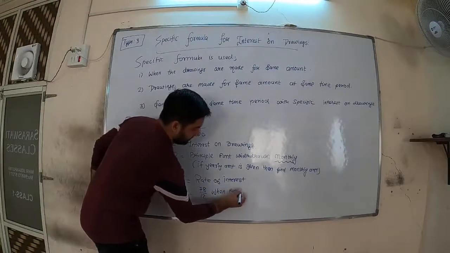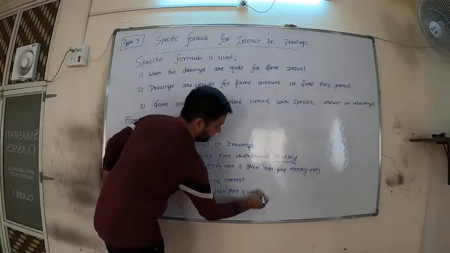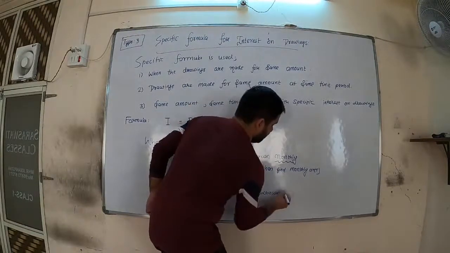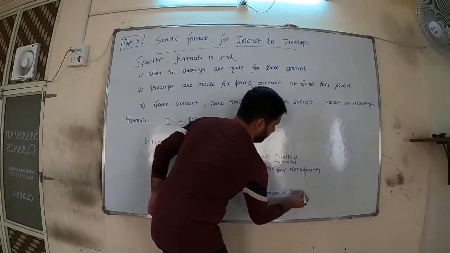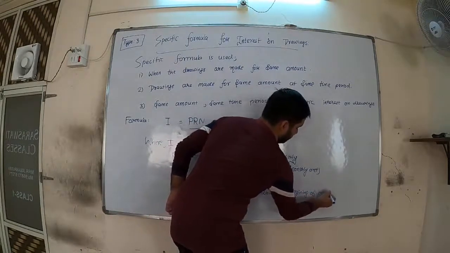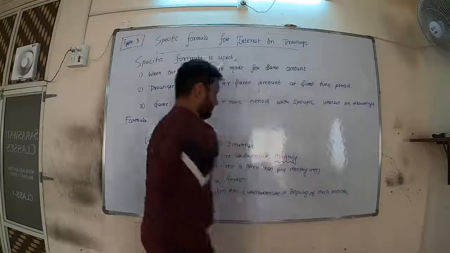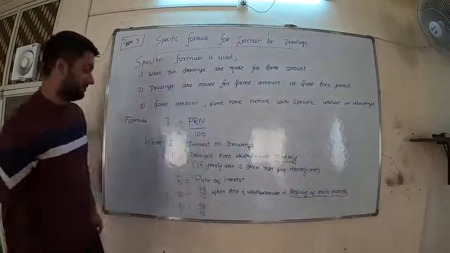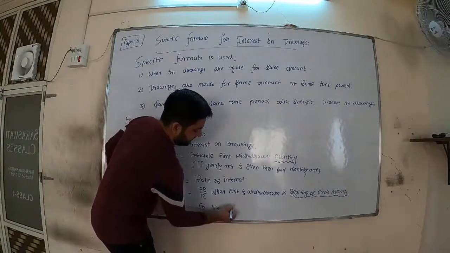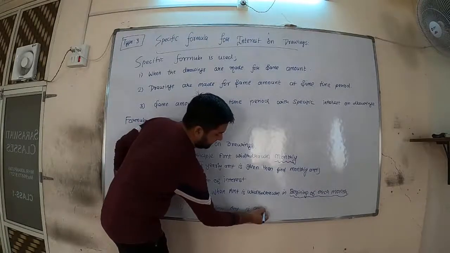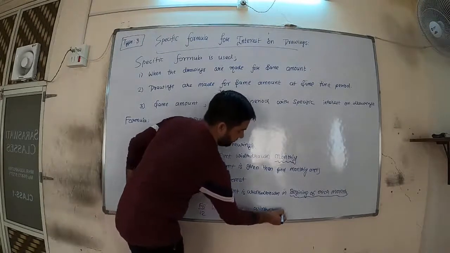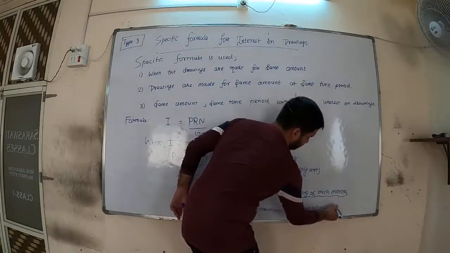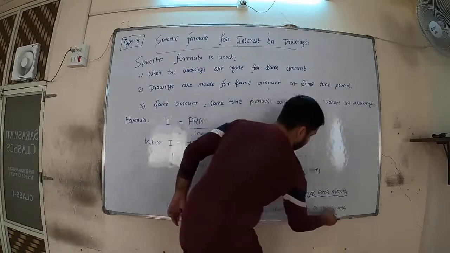When amount is withdrawn in beginning of each month, 78 by 12 will be used, and 66 by 12 when the amount is withdrawn at end of each month.